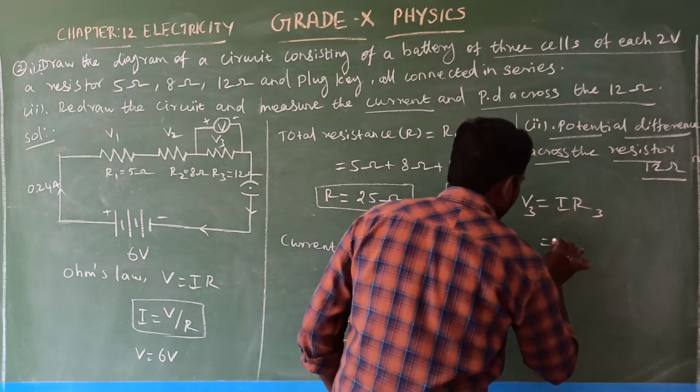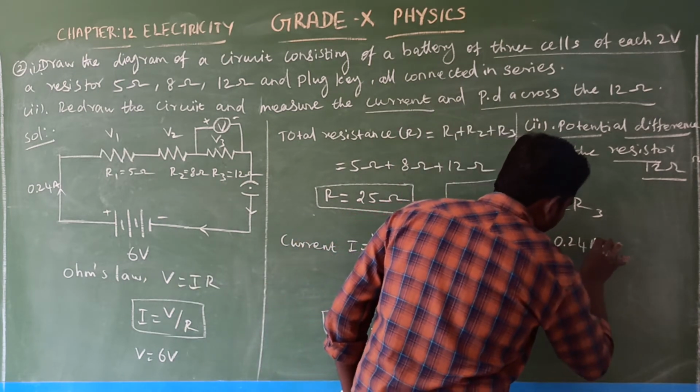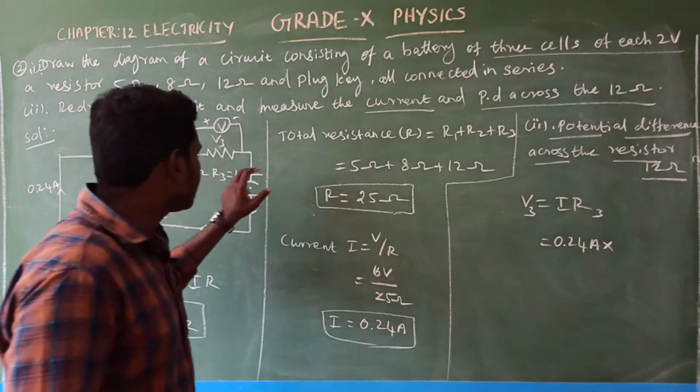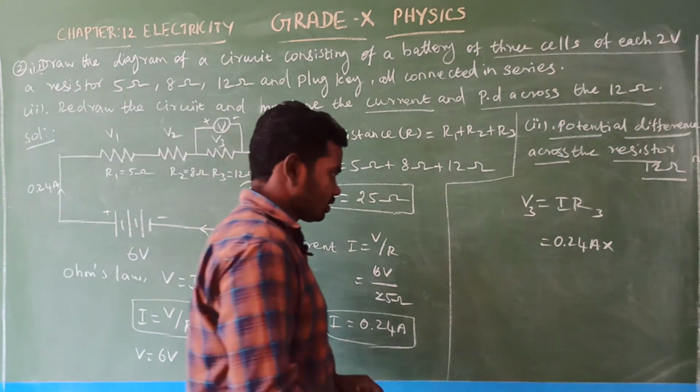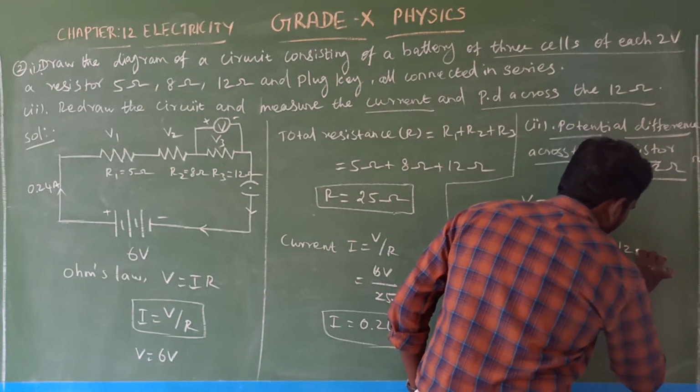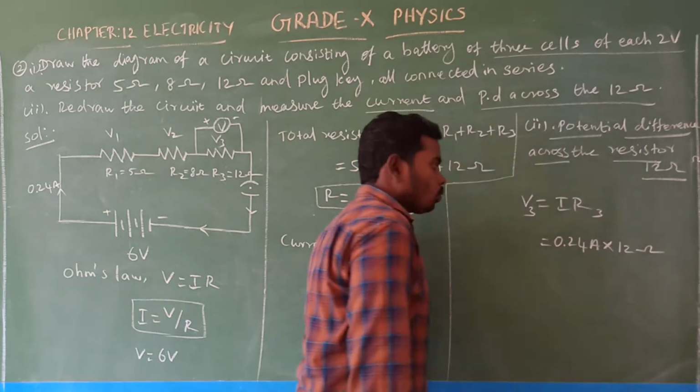In this circuit the I value is 0.24 ampere into R3, which is 12 ohm, not a volt. 12 ohm, that is R3.